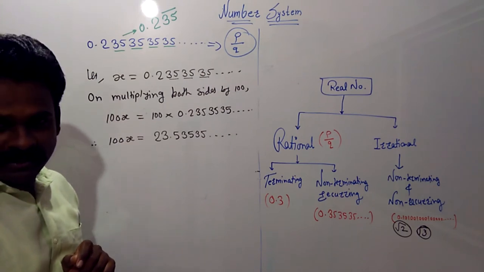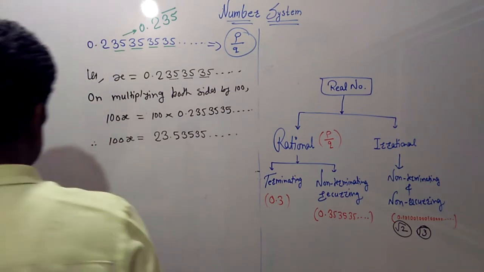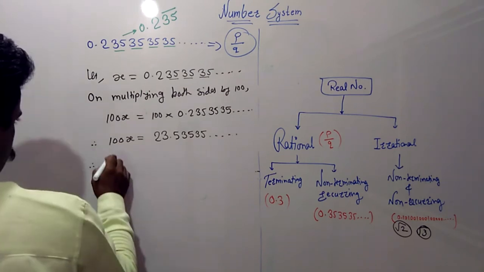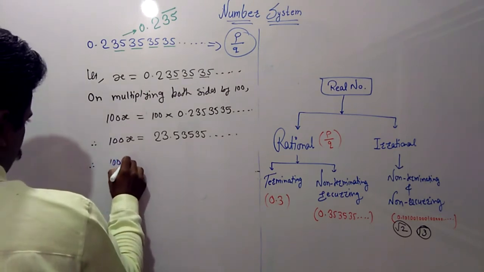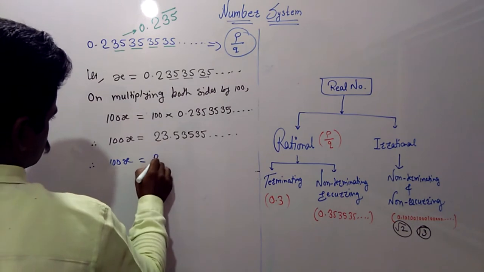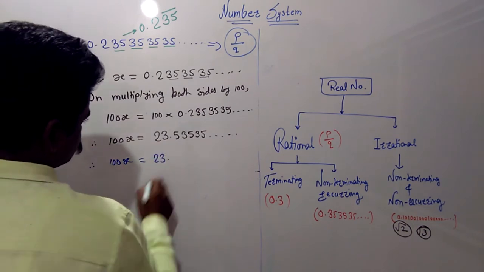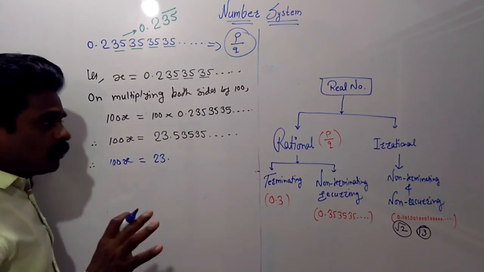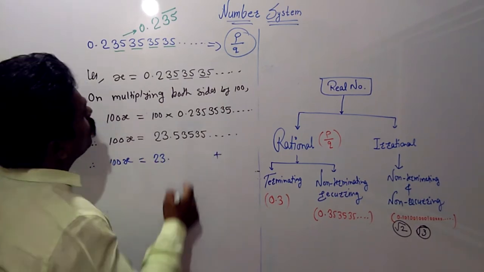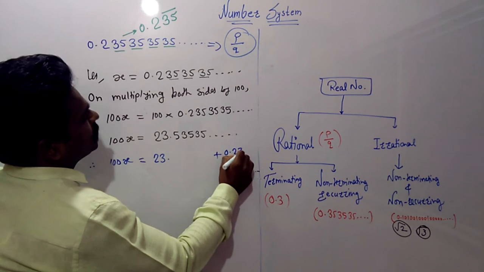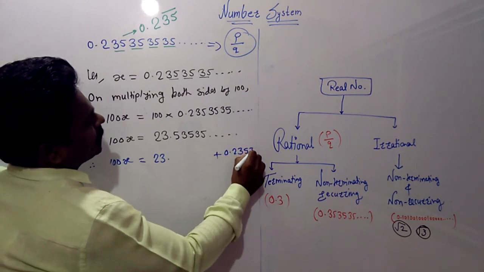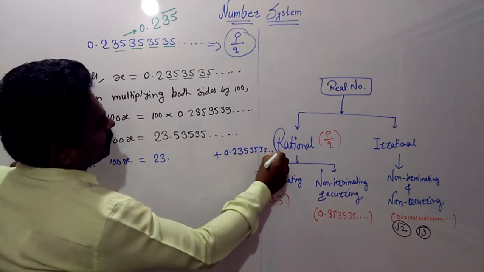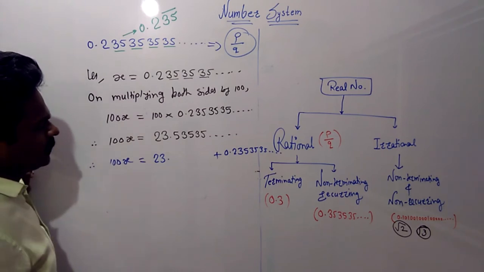How can we mention it? See here. Therefore we can write here 100x is equal to 23 point... Now we are going to just take out only 0.2353535 and so on, no problem.